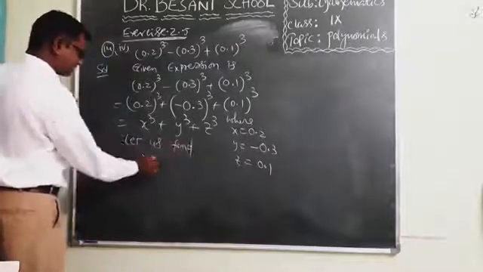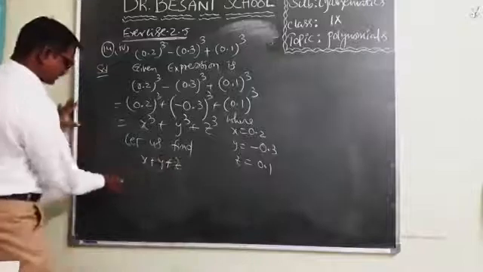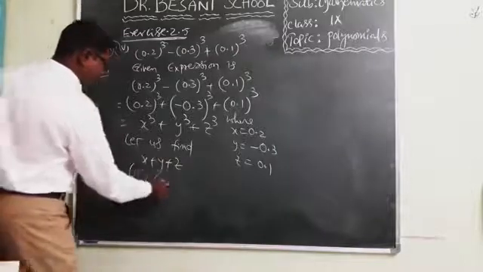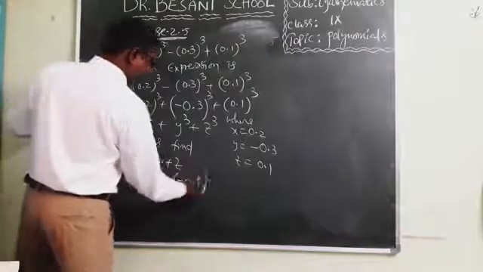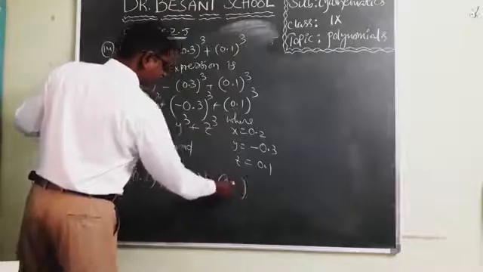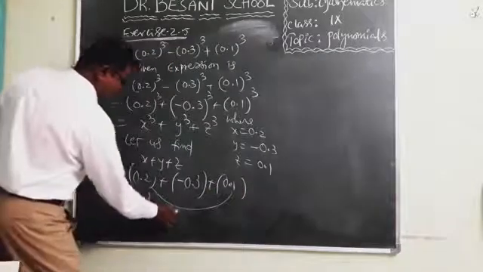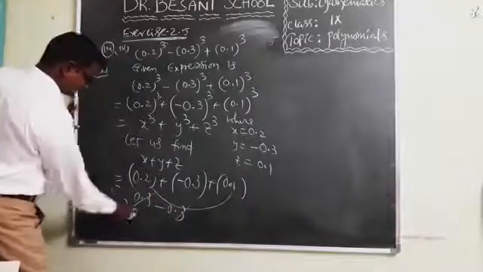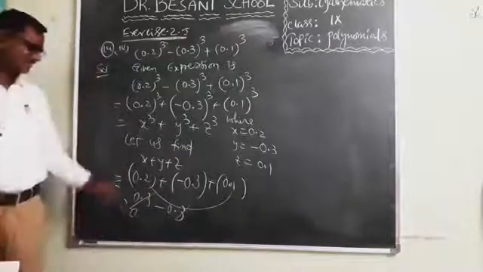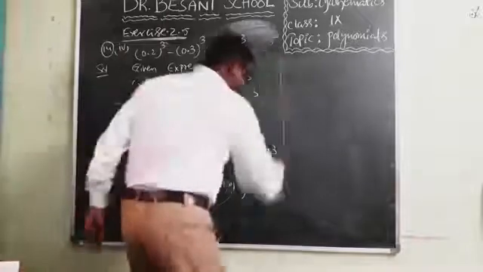Now after this, let us find out the value of x plus y plus z. Now x means 0.2, plus y means −0.3, plus z means 0.1. Children, you see 0.2 plus 0.1 is 0.3, plus into minus, −0.3. These will be cancelled, 0. So what we noticed, x plus y plus z equals 0.